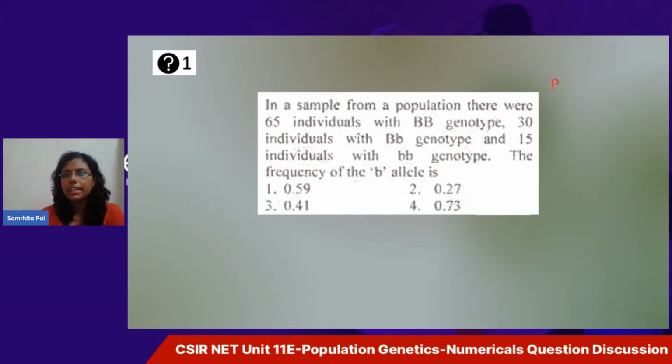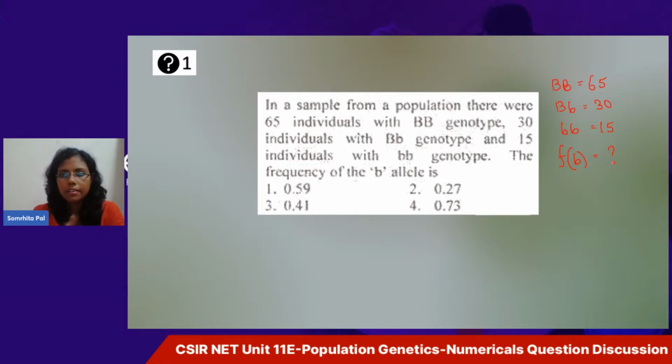So they have given me that capital B is equal to 65, heterozygous B is equal to 30, and recessive b is equal to 15. Okay, and they are asking you to find out the frequency of your recessive allele. So try this question and then I will solve it for you.